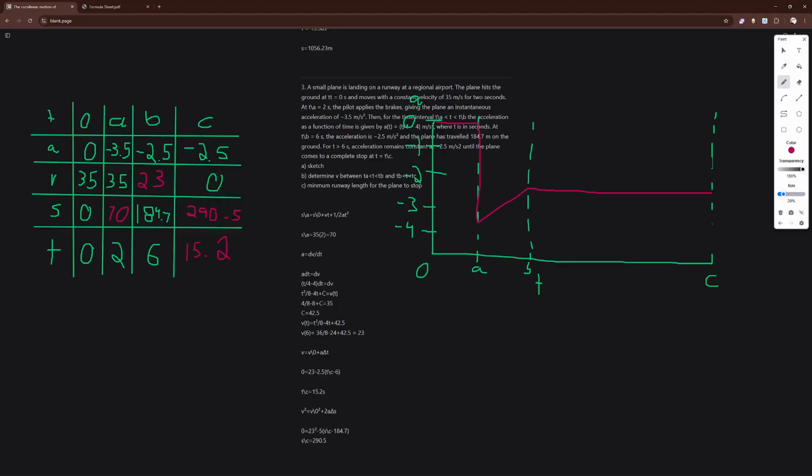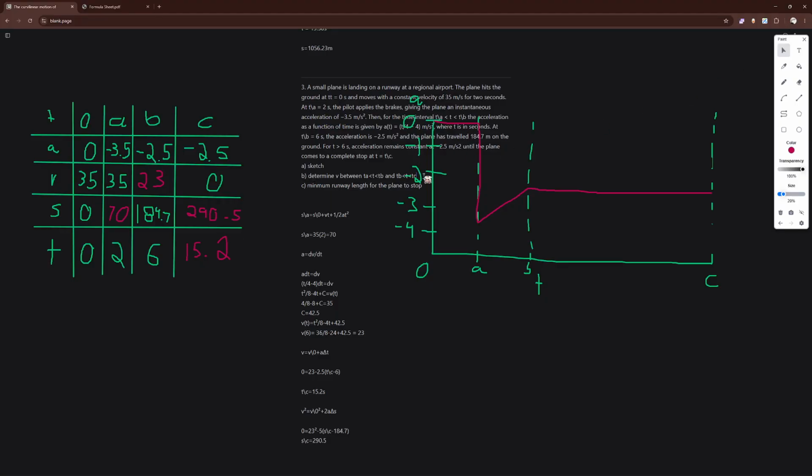And now we get started on calculating everything for the question, which, I mean, we've already done, right? Part C was asking for minimum runway length, and, I mean, that was part D, sorry. Oh, I forgot.